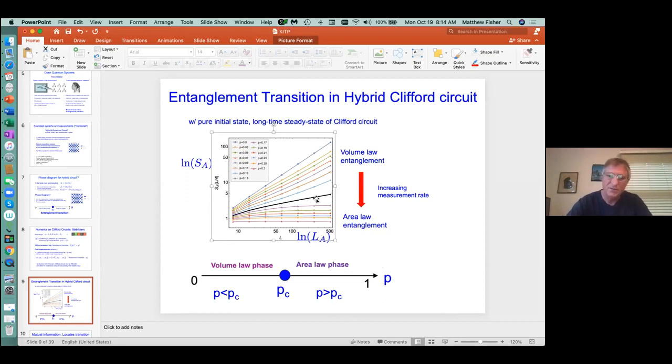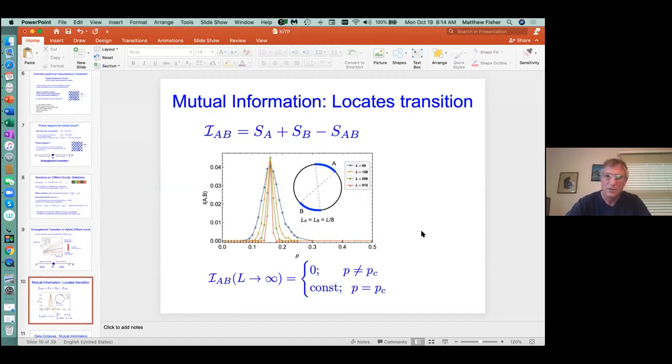Now, what's particularly of interest is this phase transition separating the volume law phase from the area law phase. And one can locate the transition by looking at a different quantity, related to the entanglement entropy, which is the mutual information.